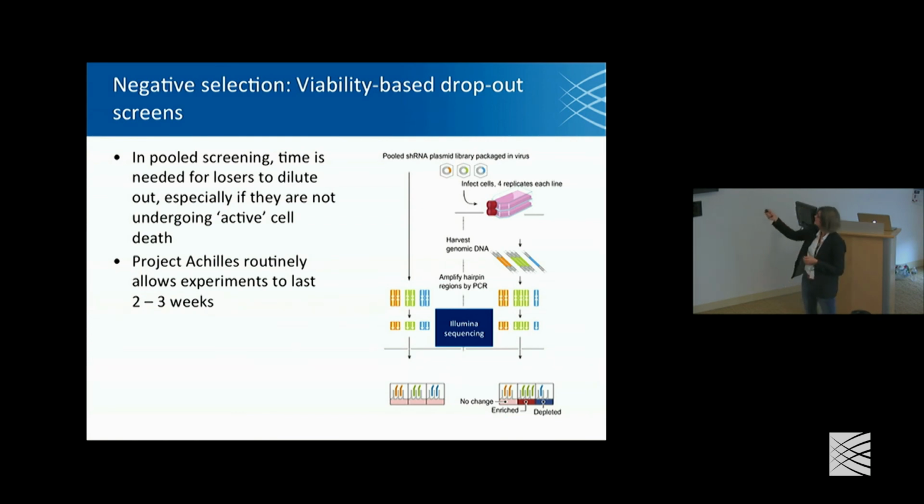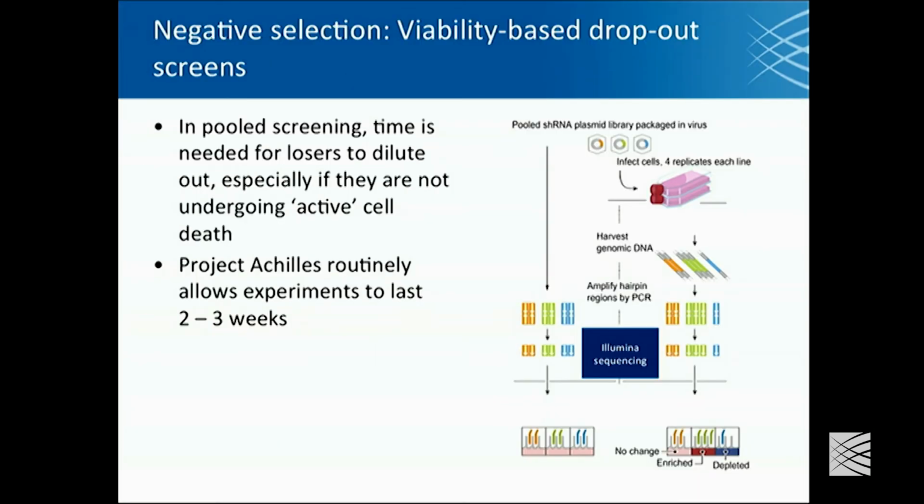In this type of screen, the cells, shRNA, if we use the shRNA library shRNA screen, parental cells, if you use CRISPR screen, Cas9 expressing cells, are infected with the genome-wide pool screens. The cells after infection are selected, they are allowed to be passaged for 2 or 3 weeks, because in this type of screen, you need the losers to dilute out.